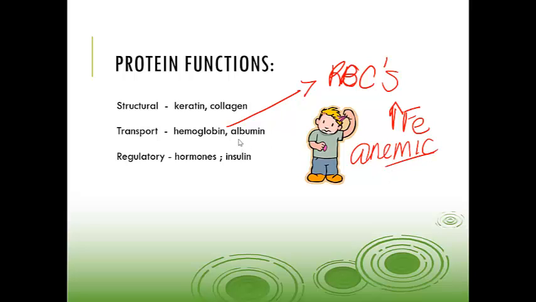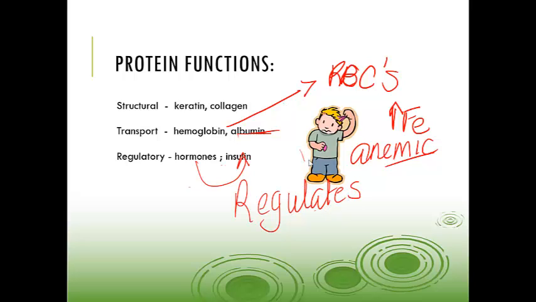Albumin is also important for transportation. Proteins also are regulatory, like in your hormones, like insulin. So insulin is a hormone. It is protein based. It's made in your pancreas. What is its job? It regulates blood sugar.